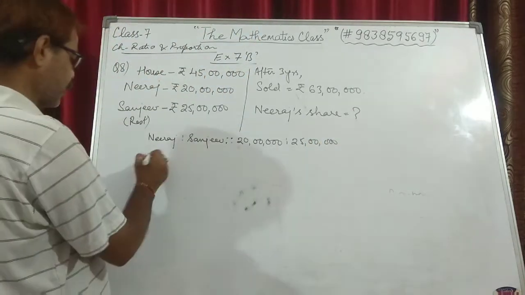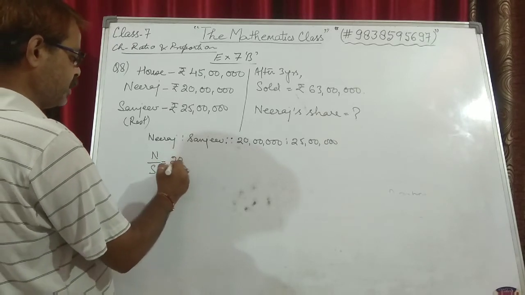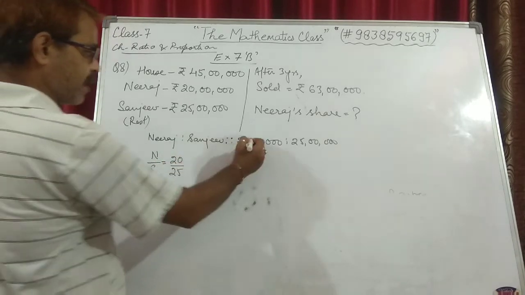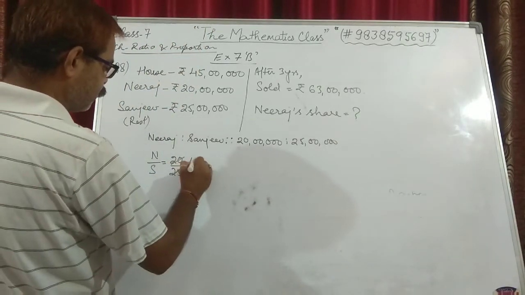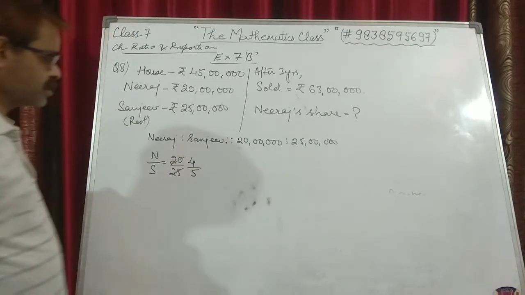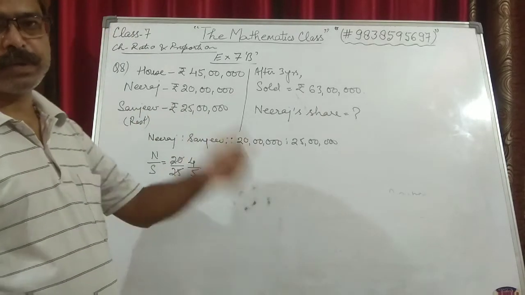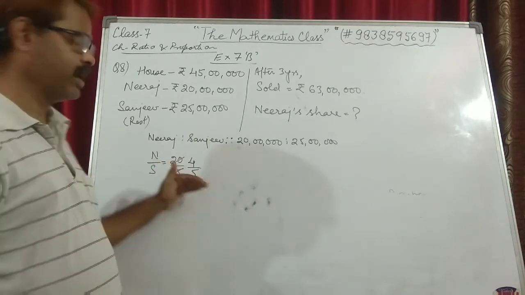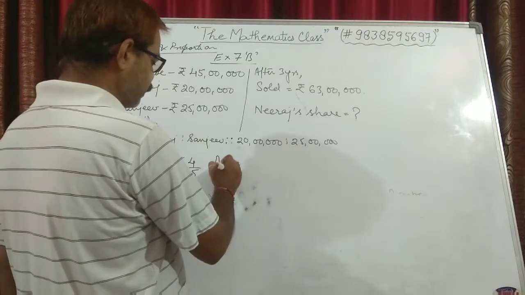I am writing N for Neeraj and S for Sanjeev. 20 and 25 are in lakh, all these 5 zeros will cancel, and finally this will become 4:5. It means Neeraj is giving 4 times a particular number and Sanjeev is paying 5 times a particular number, or the amount shared by them.